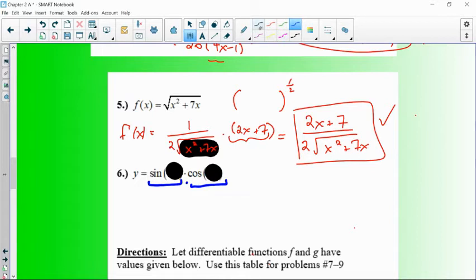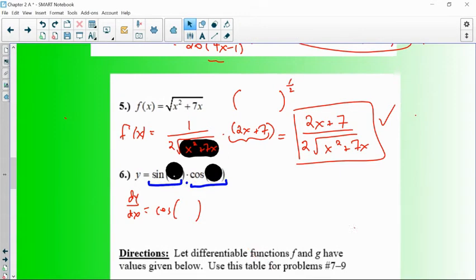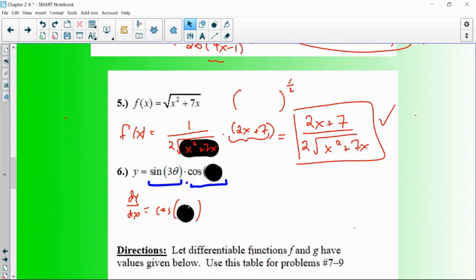So let's go ahead. I'll go to red here and pick that thinner marker. Okay, so the derivative of sine is cosine of that thing. And what was that thing? That thing was 3 theta.